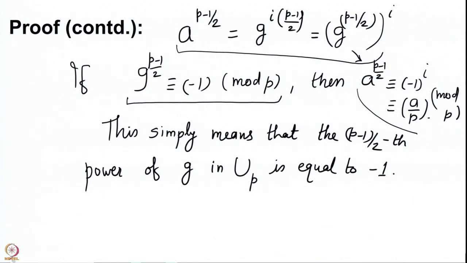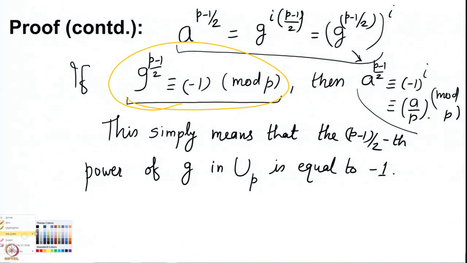This is what we want to show when we want to show that modulo P, G to the P minus 1 by 2 is minus 1. So, we are going to take these powers of G in UP and we want to show that when you raise it to this particular power you get it to be minus 1.